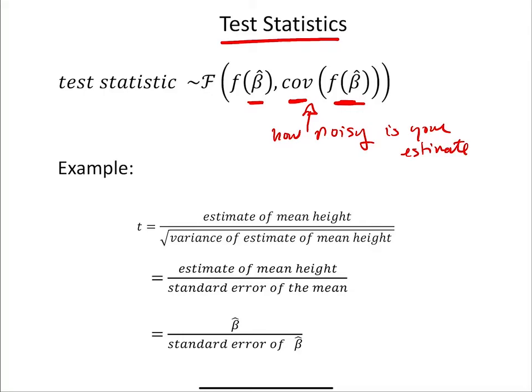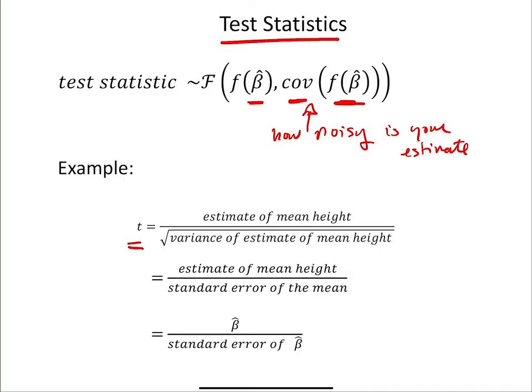Okay, so we need to review how we actually assess statistical significance. Most of you are familiar with the t-statistic. In this case, the t-stat would be equal to the estimate of my mean height divided by the variance of my estimate, which is different from the standard deviation of the heights.